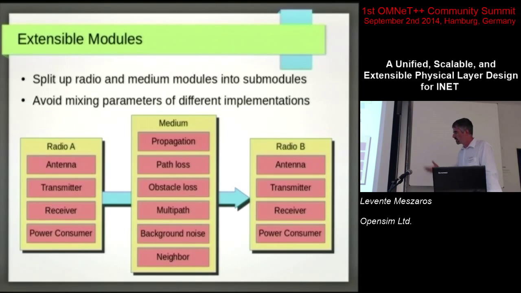And noise, there's background noise, and there's this neighbor component which is responsible for efficiently computing the potential receivers for transmissions. And the arrow represents that all the transmissions, all the communication goes through the medium, so it's a central component. That's why it's a good candidate for parallelization and optimistic background processing.